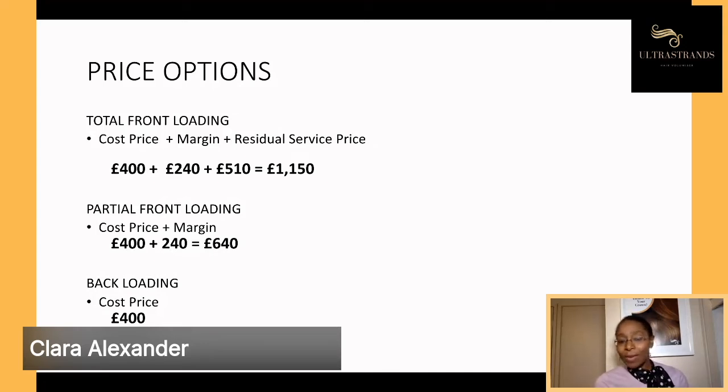But just bear in mind, if you have a customer and they walk through the door and you say to them, okay, every 6 months, you can have a new volumizer. All your maintenance is included in it. The installation price is included in it. The price to you is £1,150, and that's it.